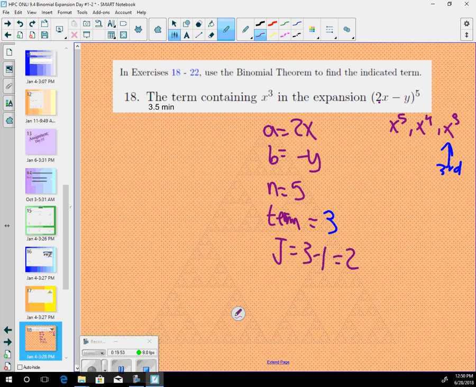So then use your formula, n choose j, a to the n minus j times b to the j, and then you just go ahead and figure those out. Plug those in and figure it out.